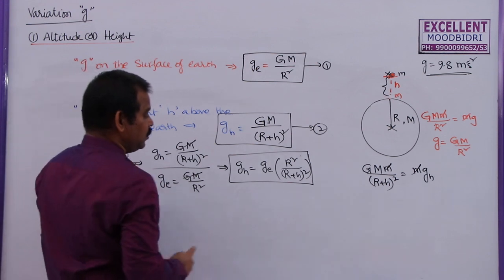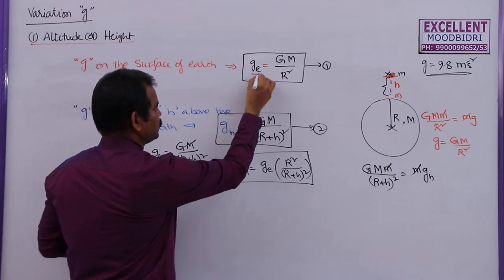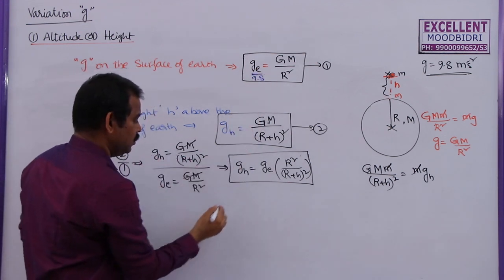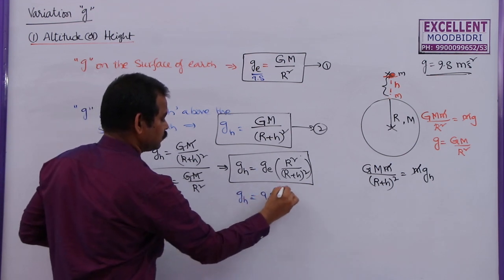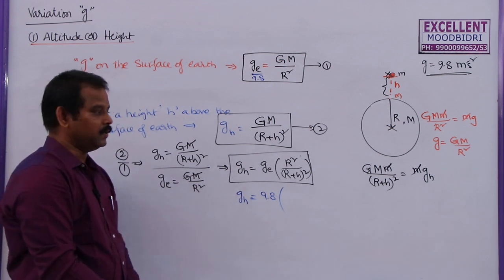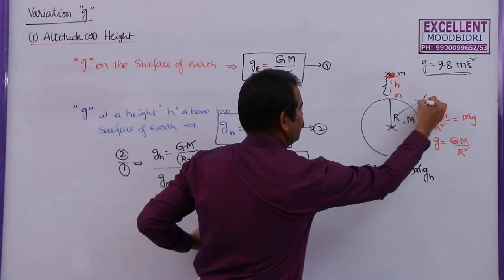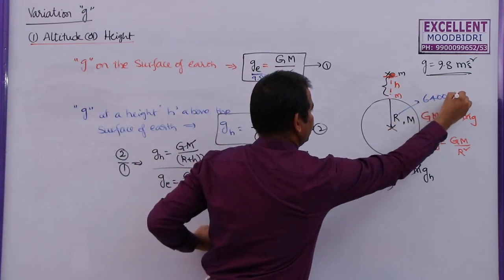You can see the acceleration due to gravity on the surface of earth is equal to 9.8. So what is gh? This is 9.8 into the radius of earth, and remember students, this value is 6400 kilometers.